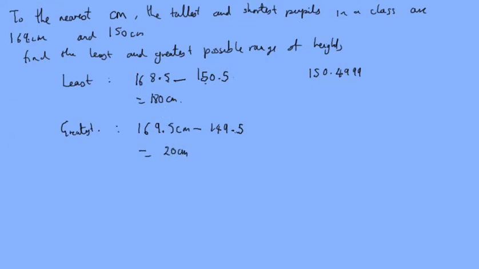I did a 0 here, not 180, just 18. So the intervals in which the heights lie are what we're looking at to find the greatest and the least ranges.